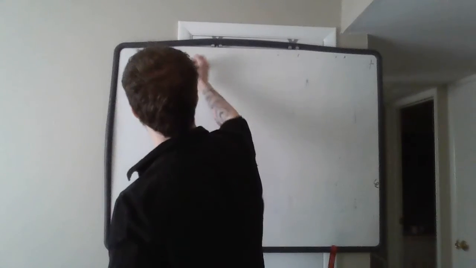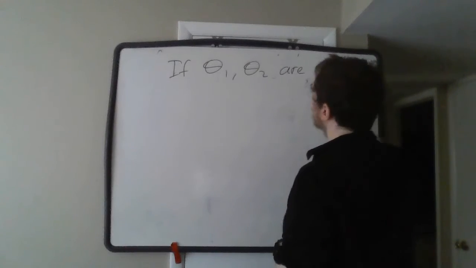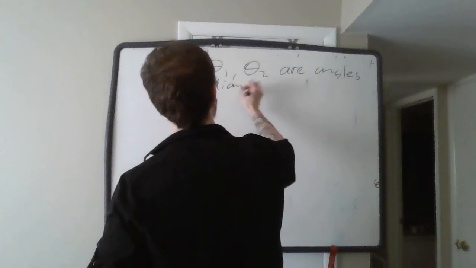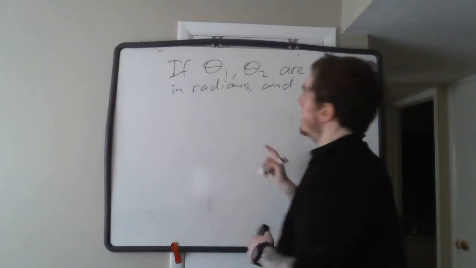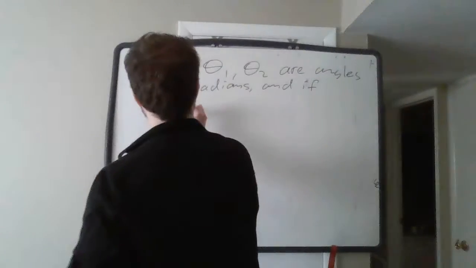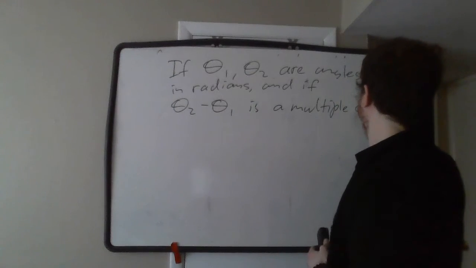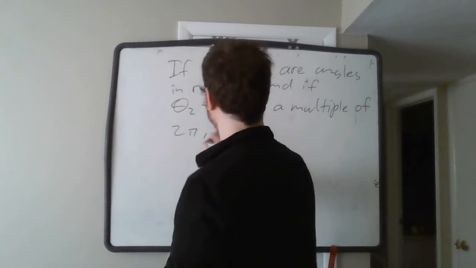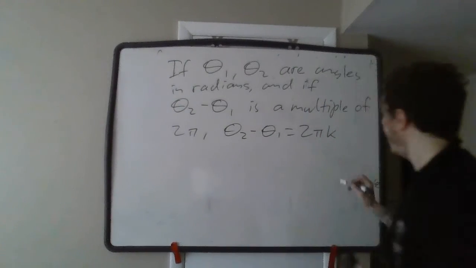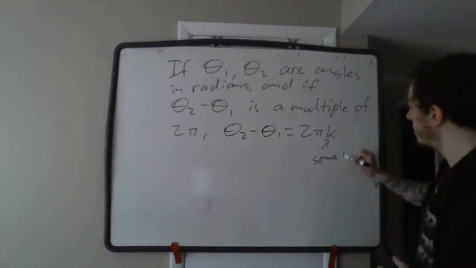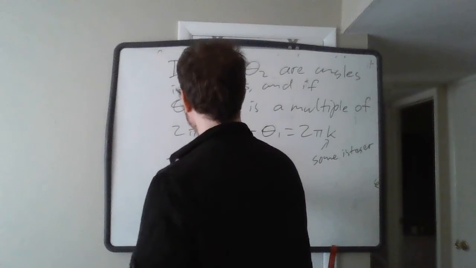So if theta 1 and theta 2 are angles in radians, and if the difference between them, theta 2 minus theta 1, is a multiple of 2 pi, and that just means that theta 2 minus theta 1 is equal to 2 pi times k, where k here is some integer, well, in that case, they have the same terminal point.